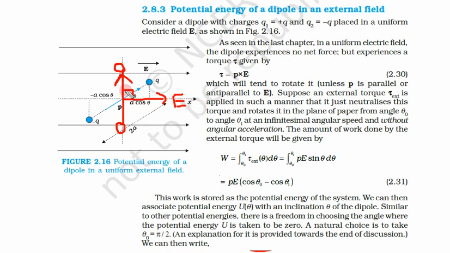Both of them making a 90-degree angle, that means cos pi by 2. In this case the potential energy is 0, and when this comes to an angle theta with some external torque, this extra work done will be stored as the potential energy in this dipole. This is the case we have just solved.